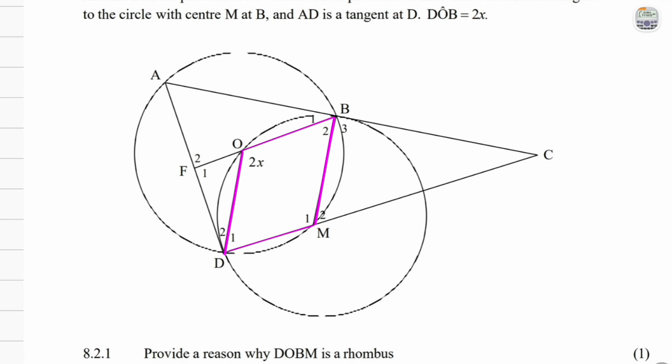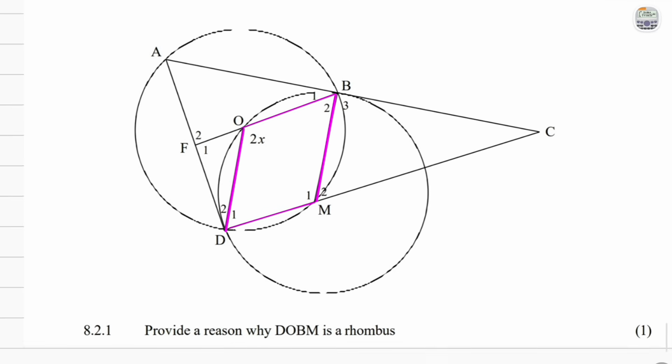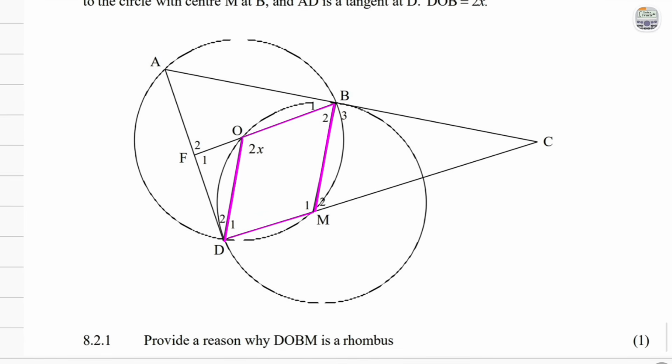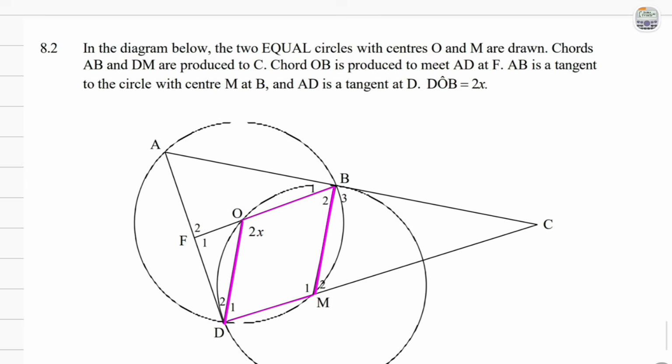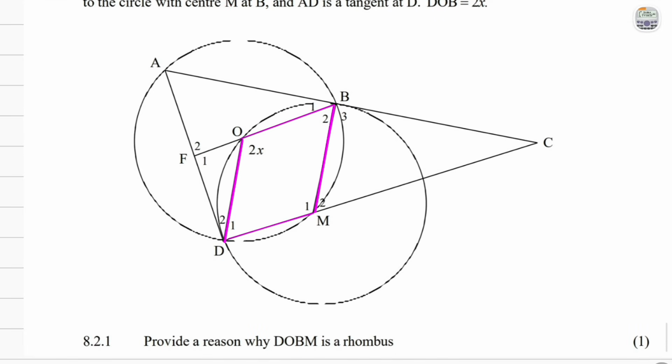Looking at this shape, you remember how they said that these circles are equal? So we know that they are the same size, meaning their radii will also be equal. From this center to the circumference is exactly the same as from this center to the circumference. So all the sides are equal.